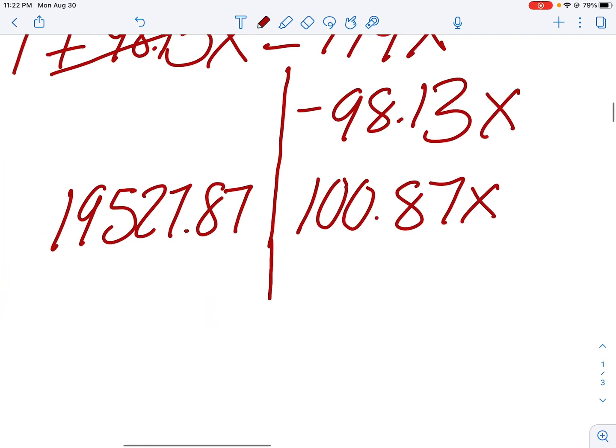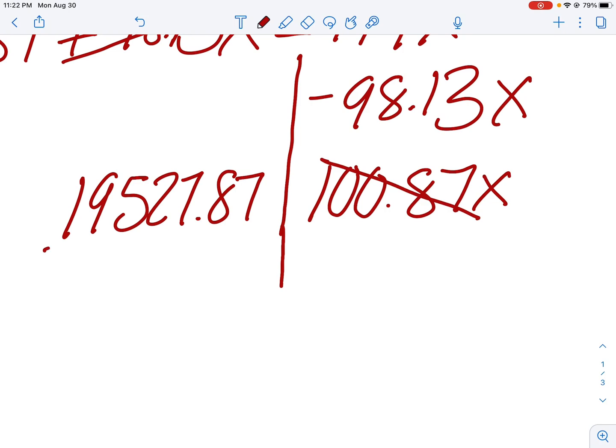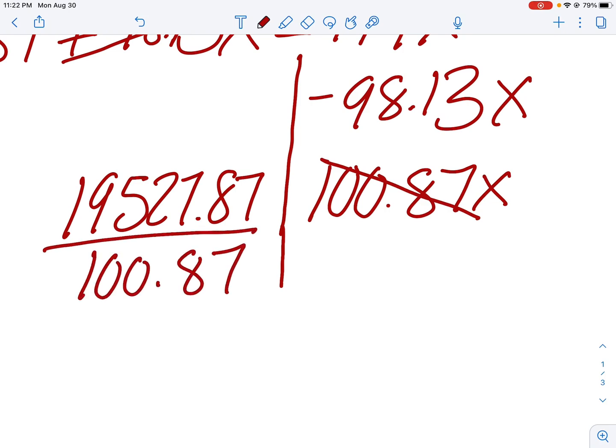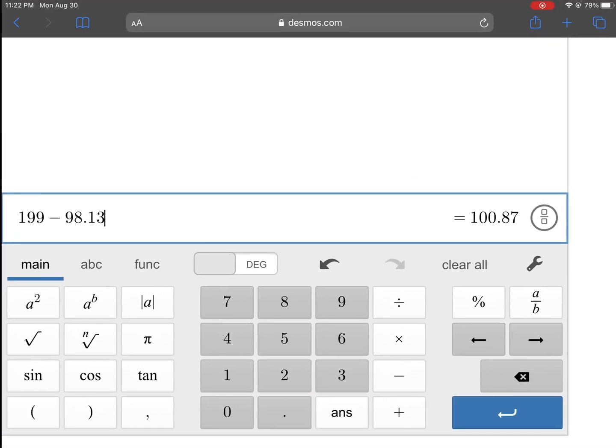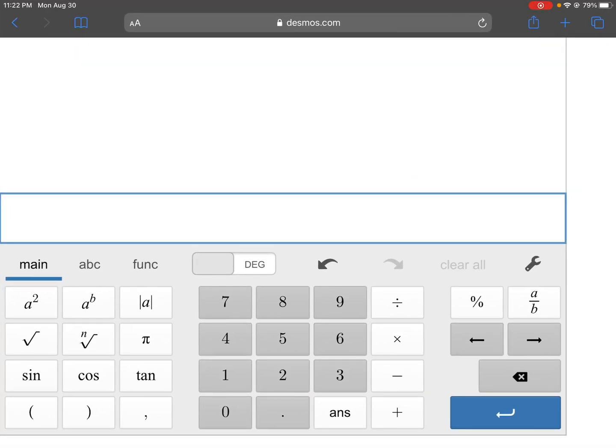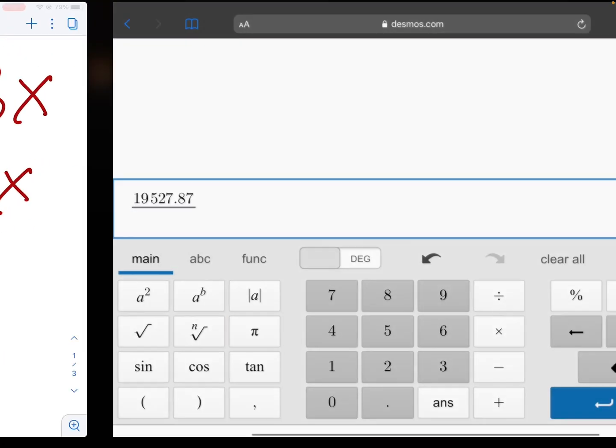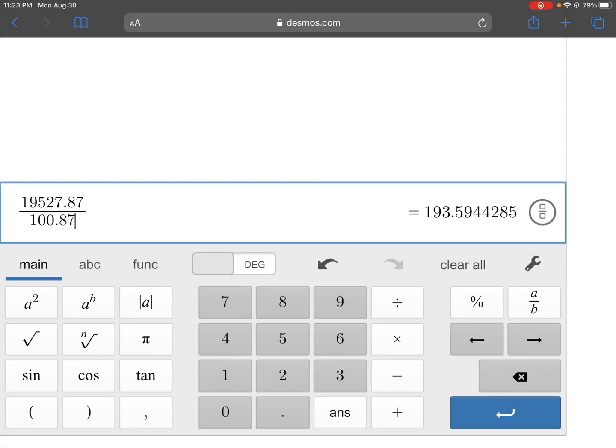So the opposite of multiplying by 100.87 is dividing by 100.87. Now what comes down here is just my x. So what is 19527.87 divided by 100.87? It is 193.594.